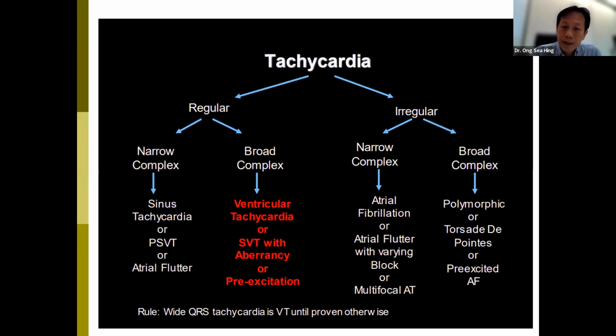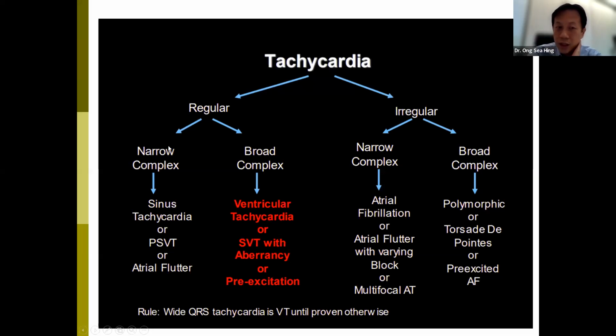Okay. There's a slide on tachycardia. As we talk about torsades, we talk about atrial fibrillation, we talk about ventricular tachycardia. We've all seen this as well if you've gone for ACLS. When you have a patient with tachycardia, you want to determine whether it's regular or irregular.